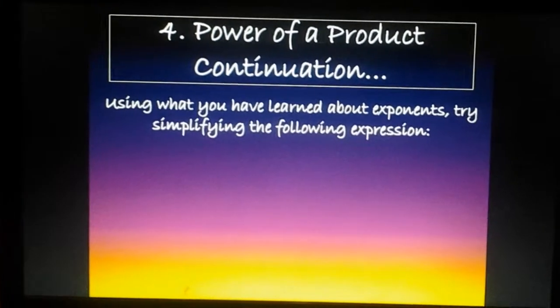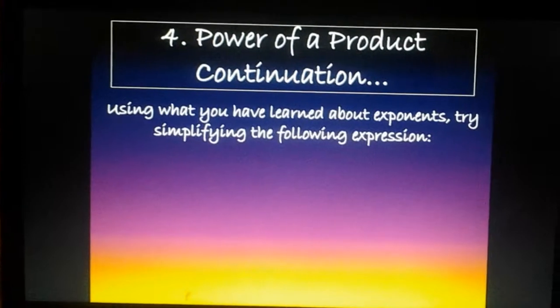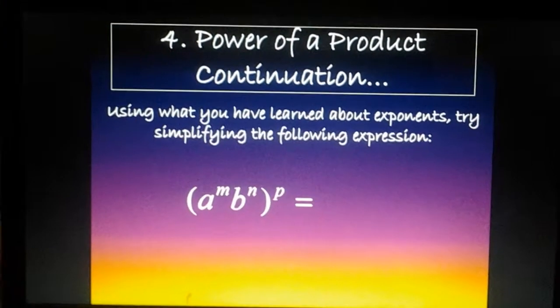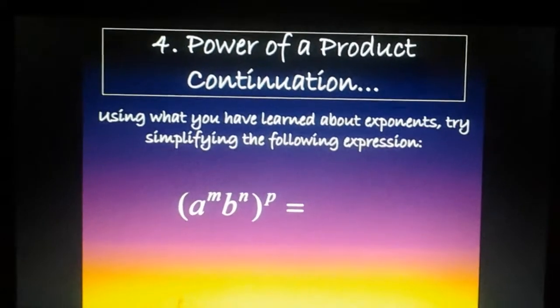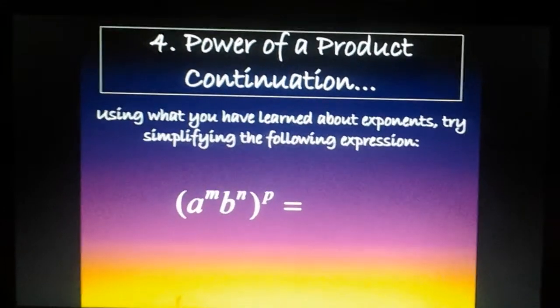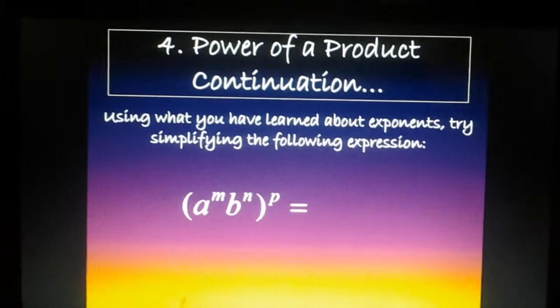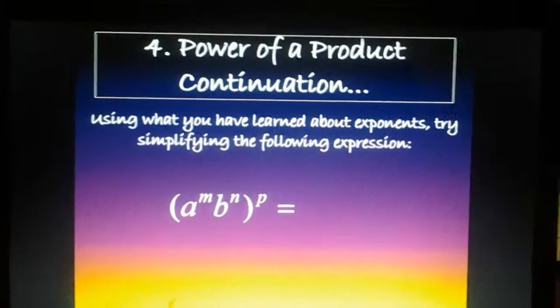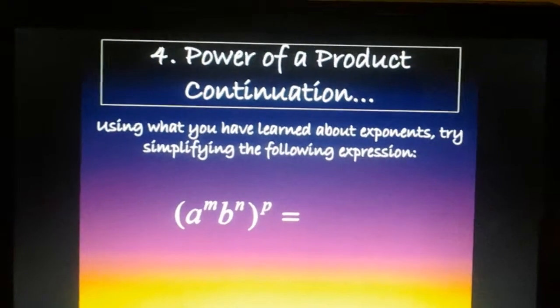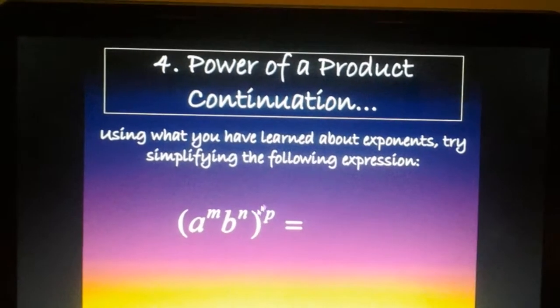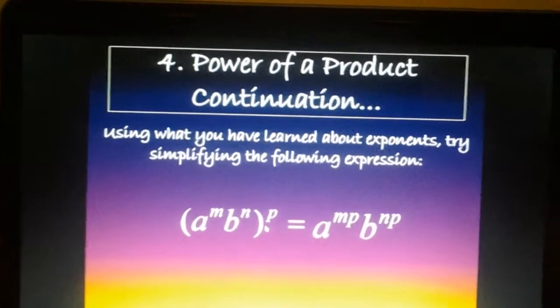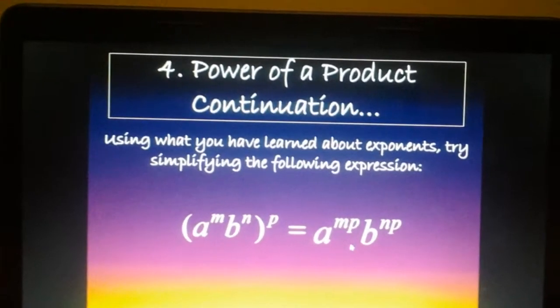Now, a power of a product continuation. Using what you've learned about exponents, try to simplify the following expression. Aha, a little tricky, huh? It's nothing that hard. All you have to do is do what? That word again starts with a D. That's right. I'm going to distribute this power, that is exponent P, to both M and N, since their bases are different.